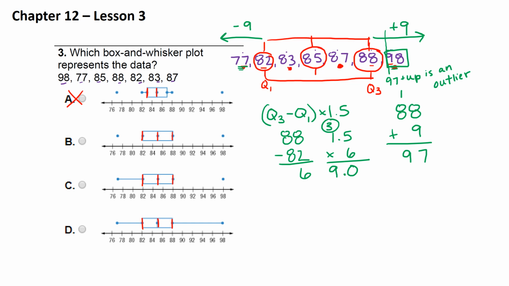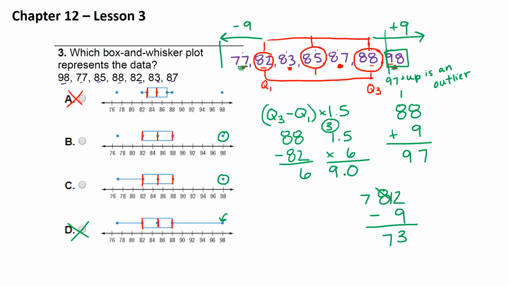When I look at graph B, 98 is an outlier. When I look at graph C, 98 is an outlier. When I look at graph D, 98 is not an outlier. So I'm going to cross that off as a choice. Now, I'm going to look at 82. 82, subtract 9, is 73.